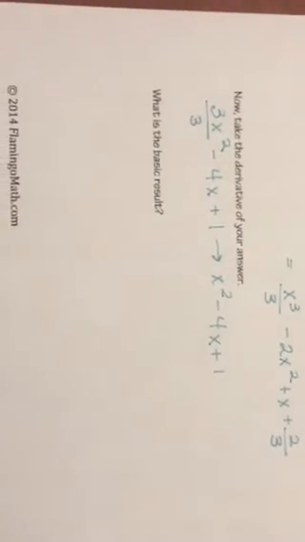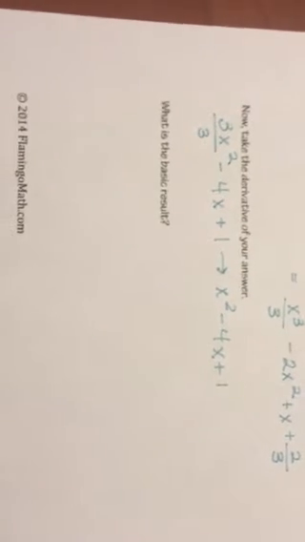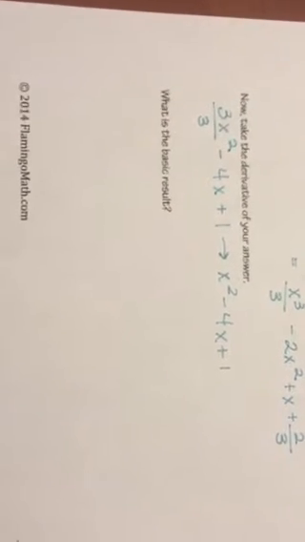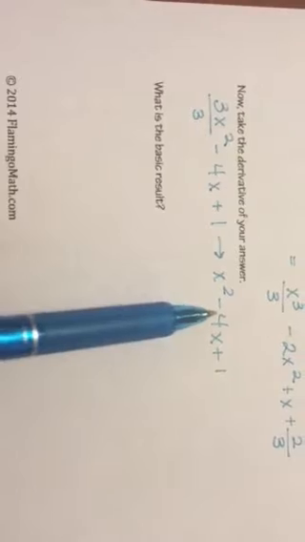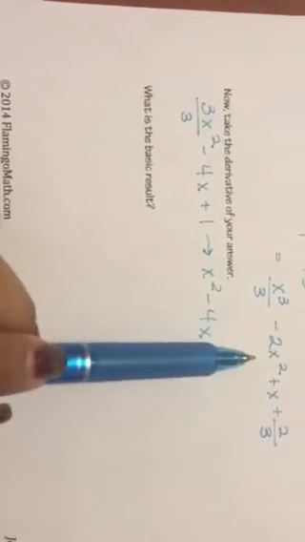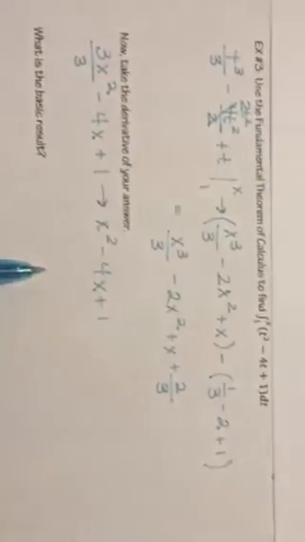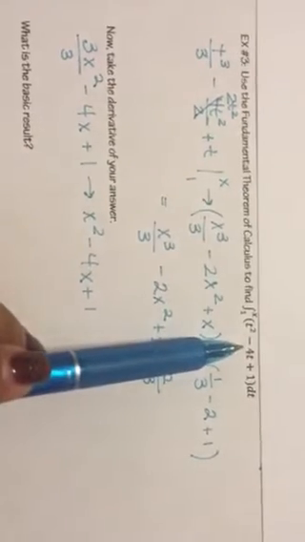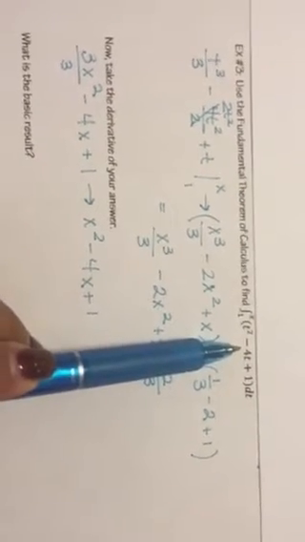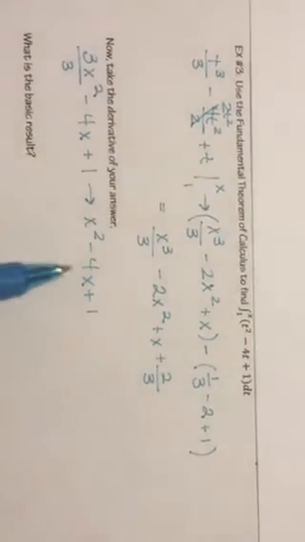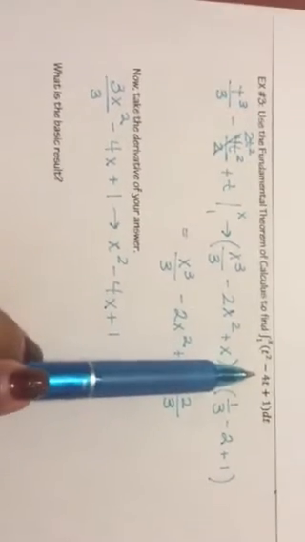So now it's asking us, what is the basic result? Well, the basic result is that the derivative of what we had integrated is essentially the same thing we had to integrate. The only difference is now that it's in terms of x rather than in terms of t.